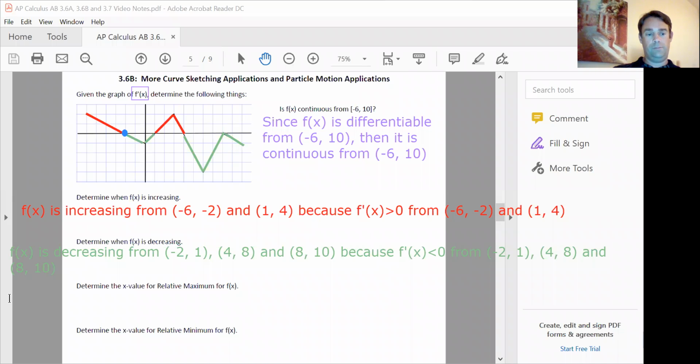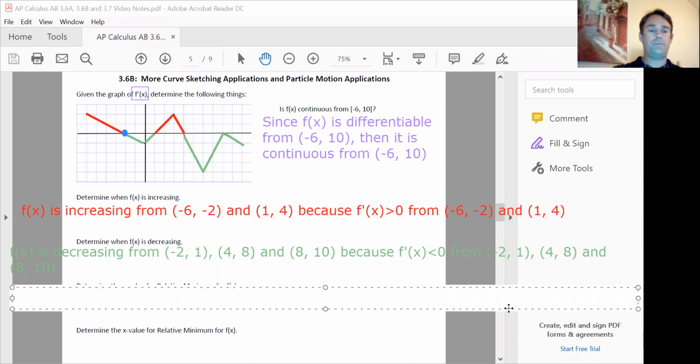So let's write about it. When in doubt, write about it. F of x has a relative max at x equals -2. We can't write it as a point yet because we don't know how to find the y value associated with this yet.